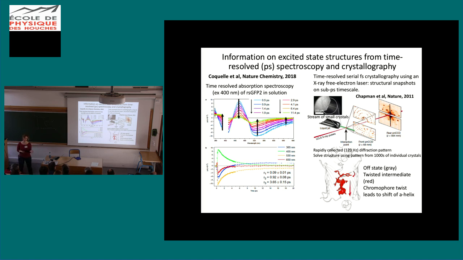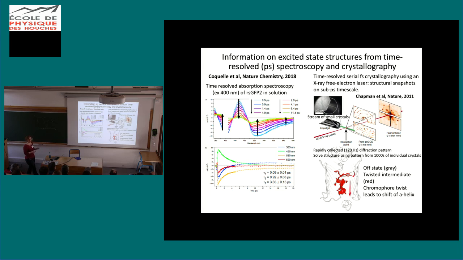So they found a new intermediate in this RSGFP2 that they called a twisted intermediate. So the off state is in gray and the twisted intermediate is in red. And what you can see is there's a twist of the chromophore that ultimately leads to this downward shift of this central helix that holds the chromophore.